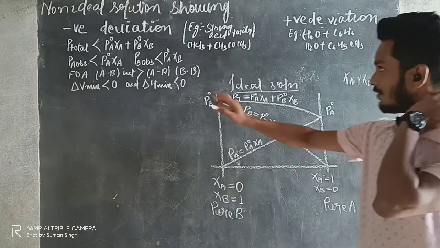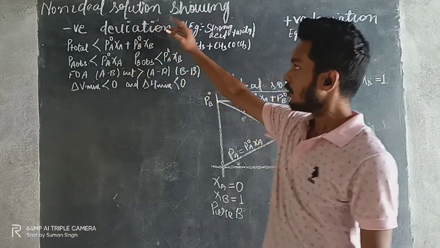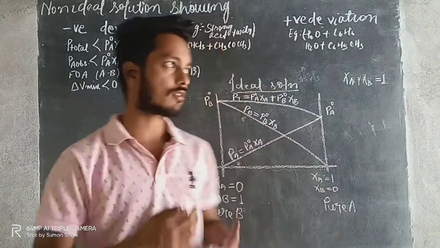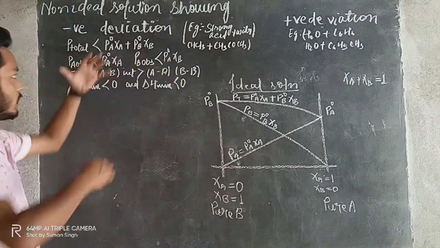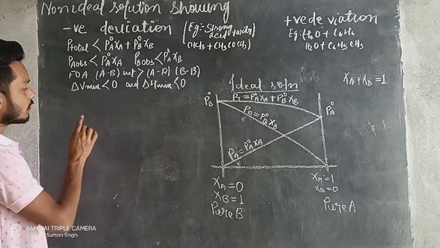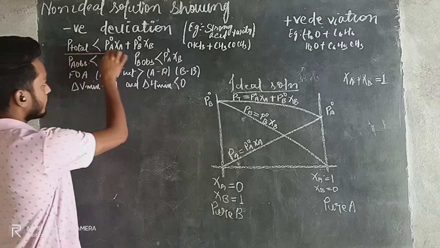Now here we have to deal with the non-ideal solution showing negative deviation. Just try to understand this when it comes to negative deviation. If you are discussing negative deviation, the first criterion is this P total.